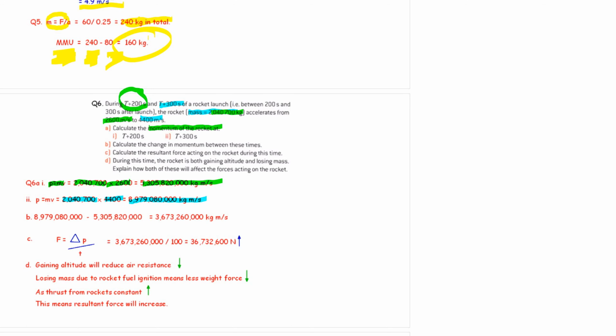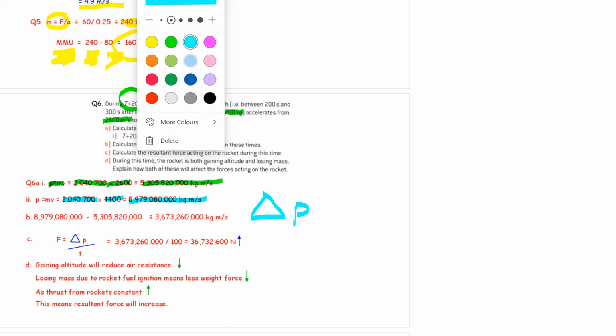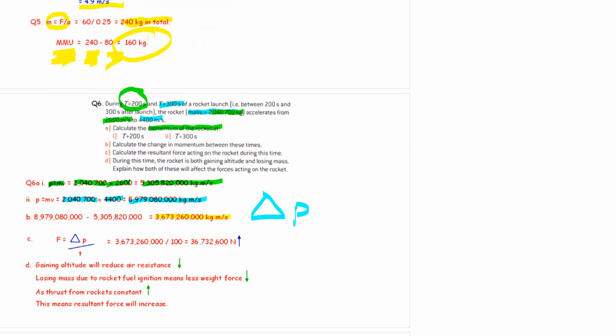Now B says calculate the change in momentum. The change in momentum, which is p, is the blue value, take away the green value, and we get this value here. Now, using the equation that I discussed earlier, that is F equals change in momentum divided by time.